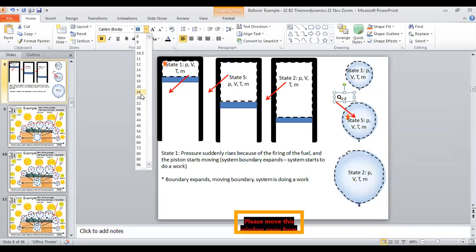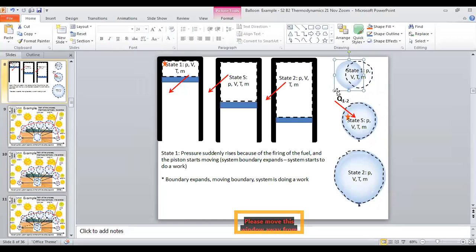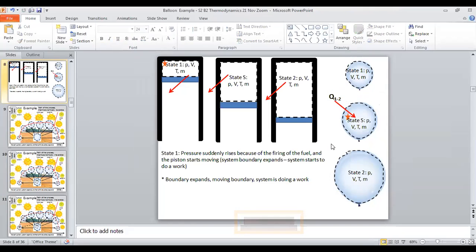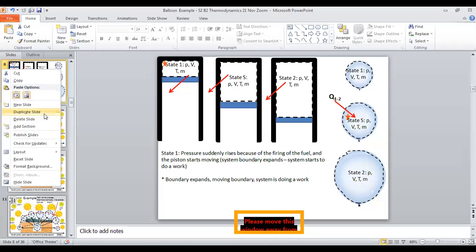This is Q12 heat. See, from state 1 to state 2, everything heat Q12. So the same way by right. Okay, so let me do a new slide for this.